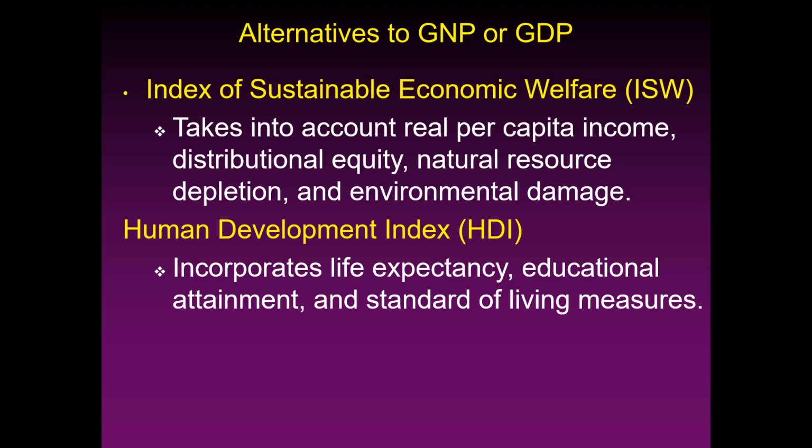Educational attainment, like looking at myself, how I said I should not have gone to college because my parents failed to complete high school. Being able to go up to a master's and work on a PhD and things like that says a lot about human development, while in some places that is not necessarily the case. And standard of living measures.